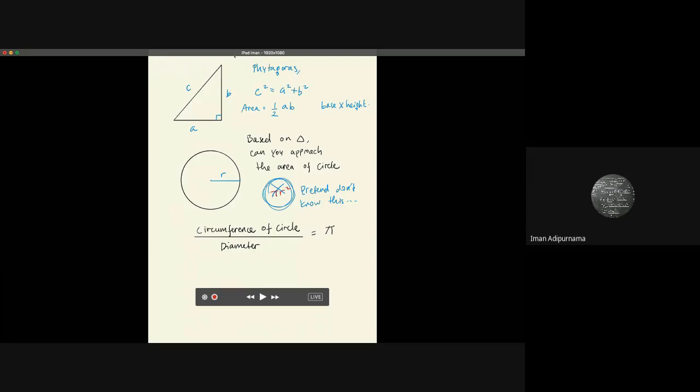So you have the triangle, you know the area of the triangle, but pretend you don't know the area of the circle. How are you going to approach that the area of the circle is actually pi r squared from the triangle? Do you have any idea? You put the triangle where?